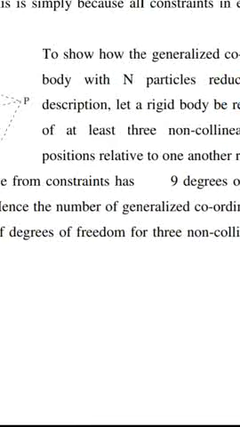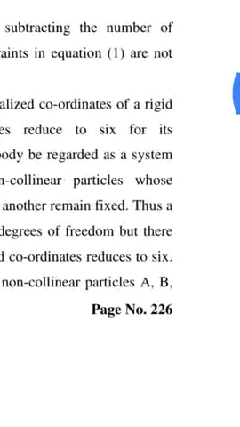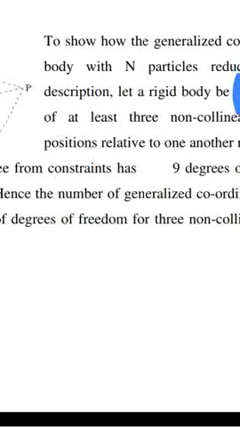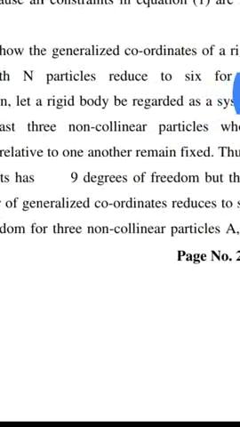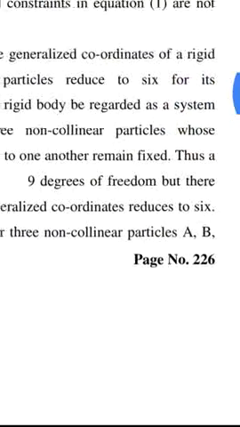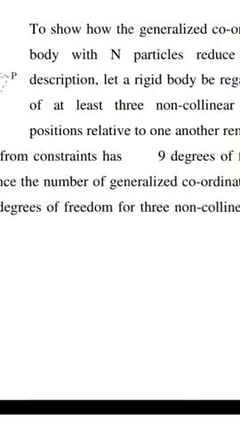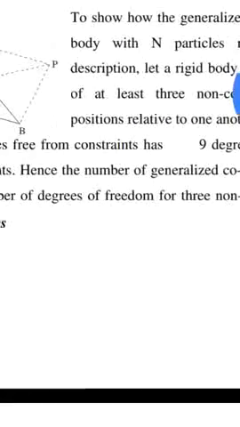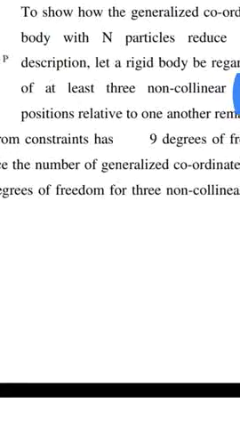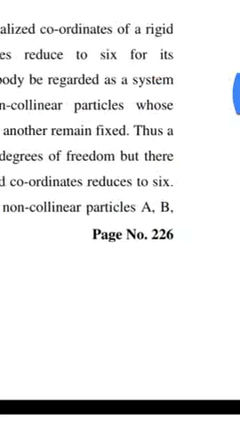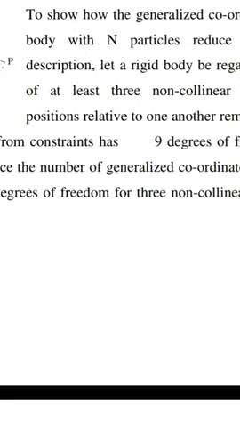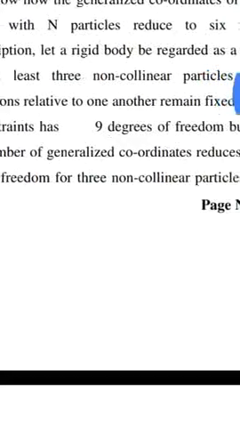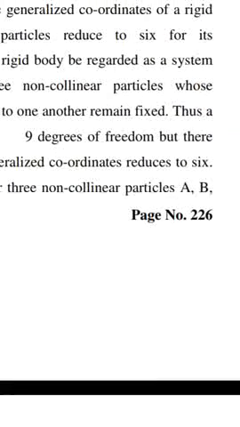To show that the generalized coordinates of a rigid body with n particles reduce to 6 for its description, let a rigid body be regarded as a system of at least 3 non-collinear particles whose positions relative to one another remain fixed.